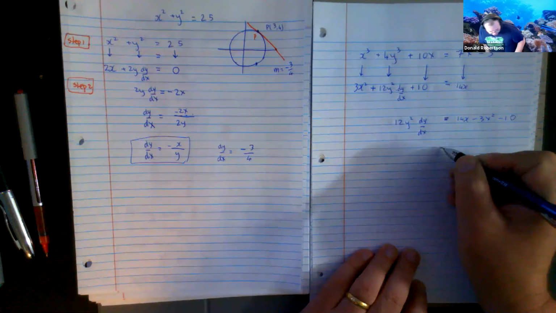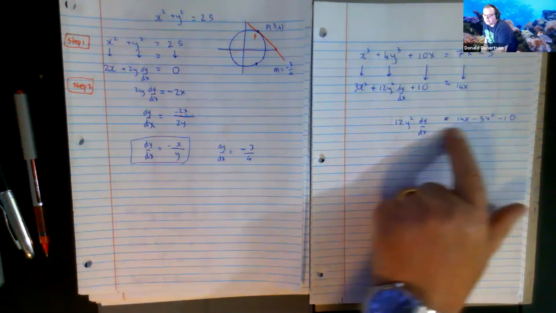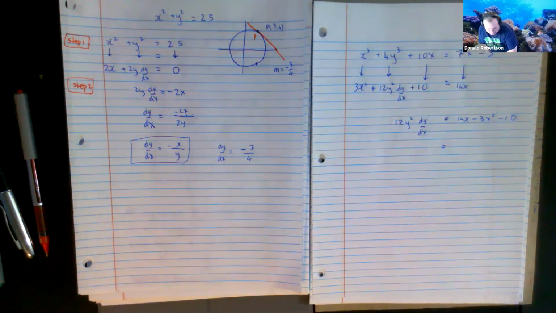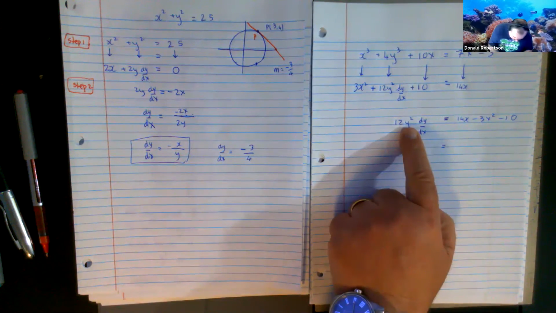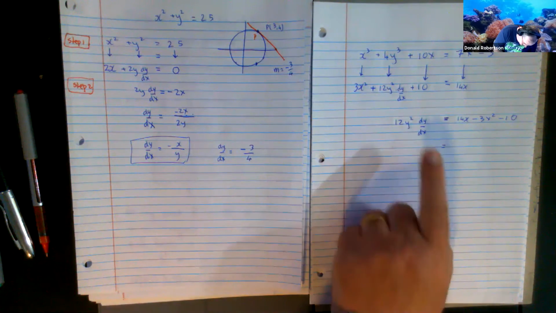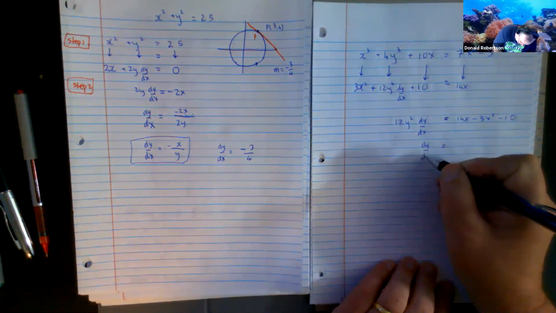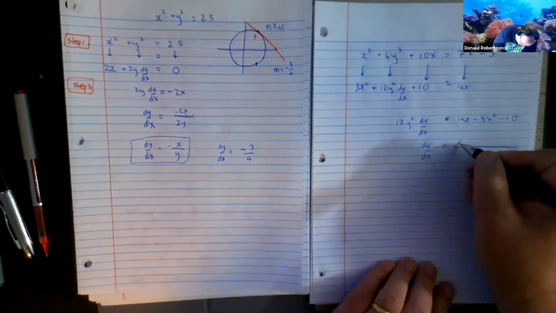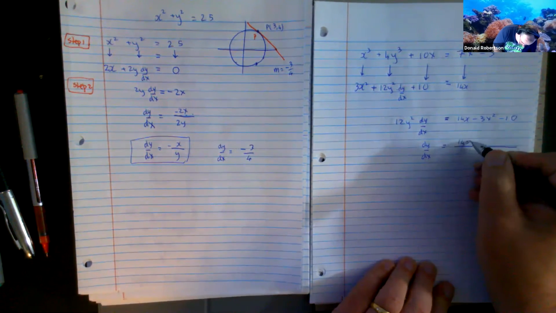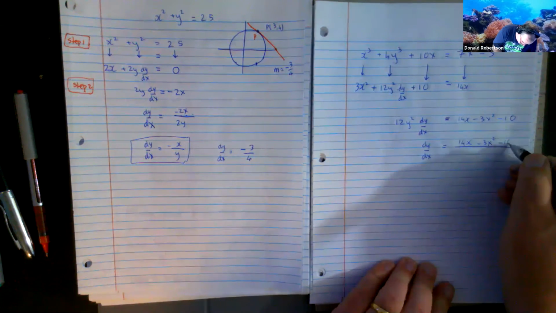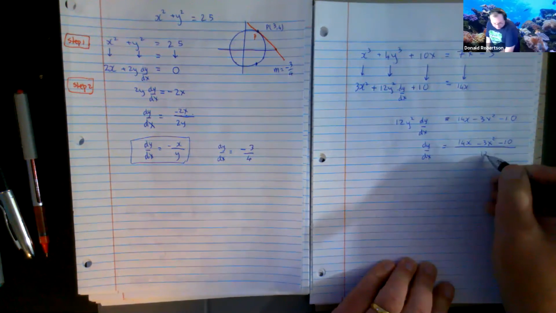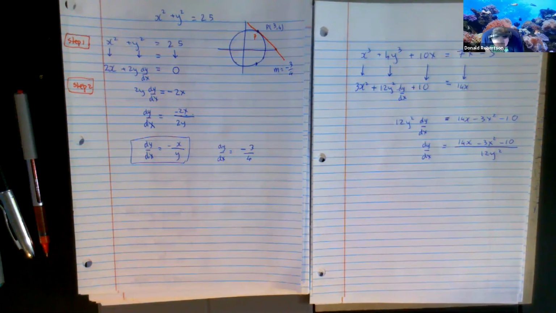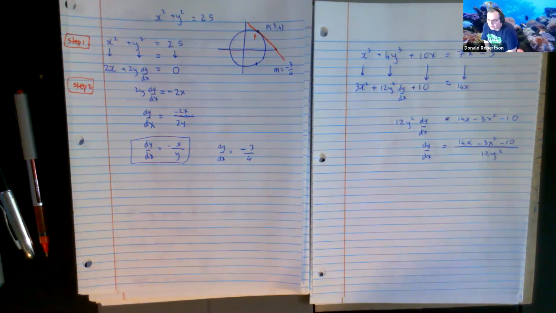In the vast majority of these questions, you always finish with the divide. Can you see in this case, I'm going to divide both sides by 12y squared. Quick look to see if there's anything style point related. Nope, can't see anything. Call it good. So that's finished.